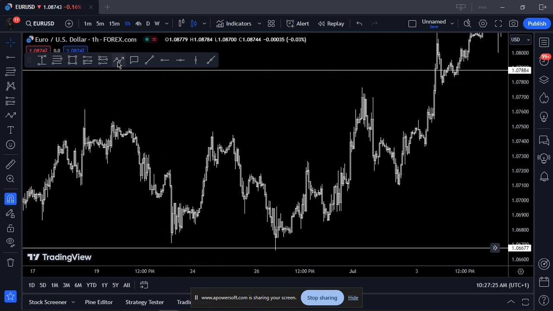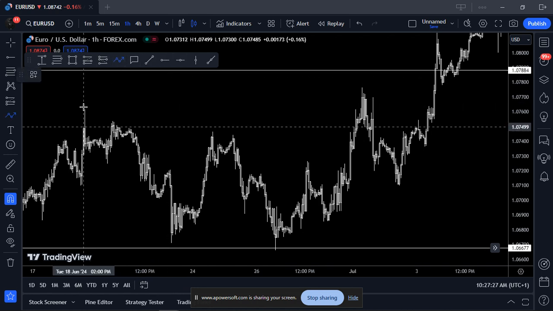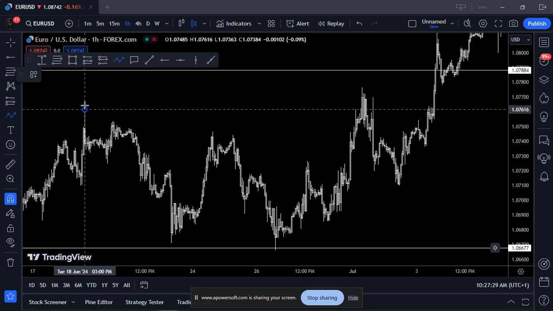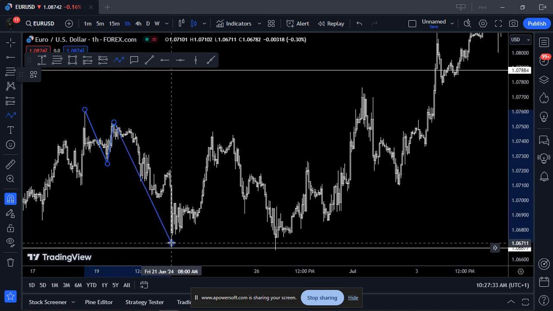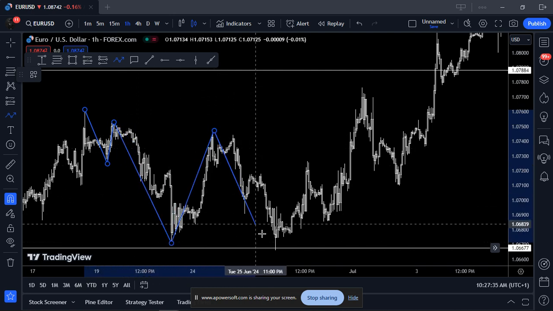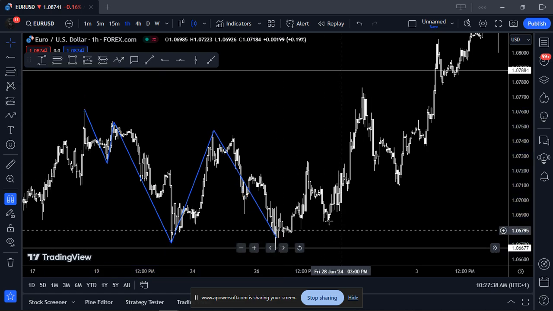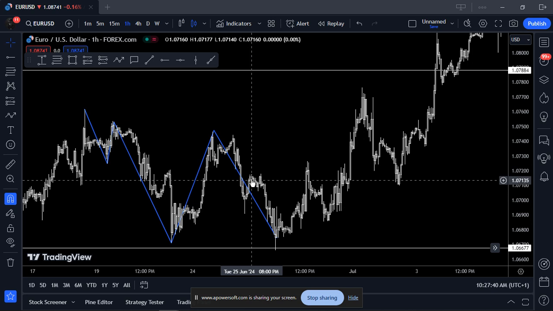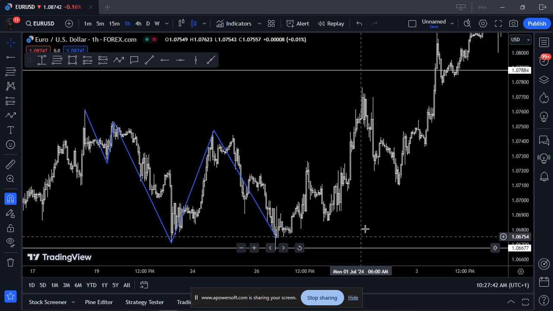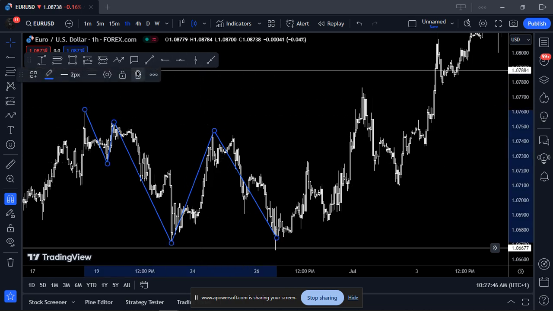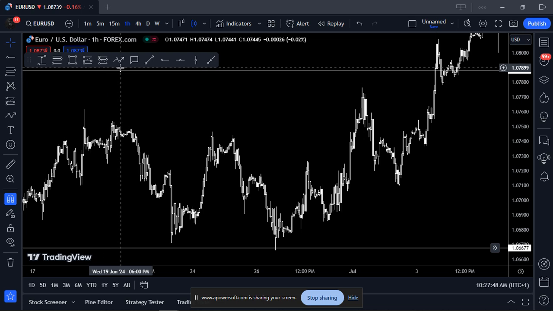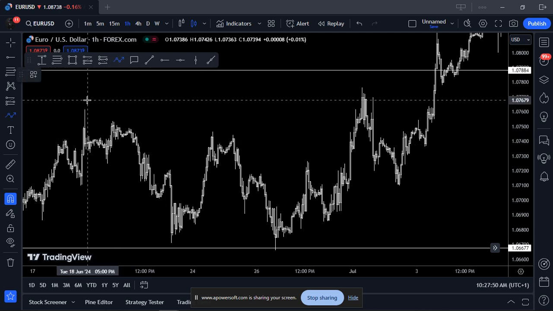There's opposing liquidity here. Okay, let's draw this big. There are opposing liquidities here. Okay, let us do this.